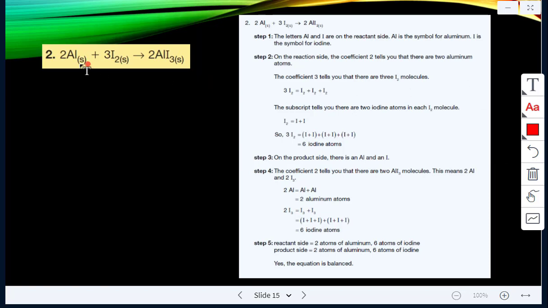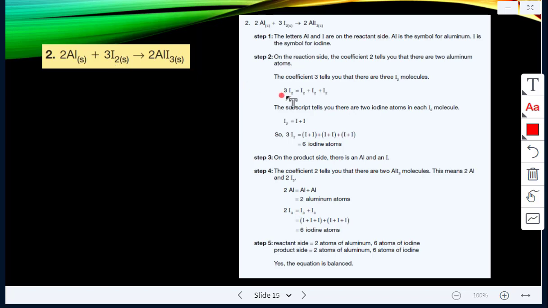Al represents aluminum and I represents iodine. Next, step 2, we have to count how many. So there are 2 aluminums on the reactant side and there are 3 iodines with a subscript of 2.